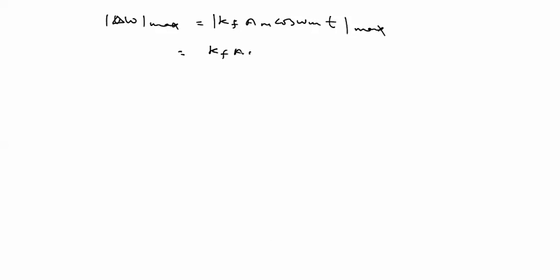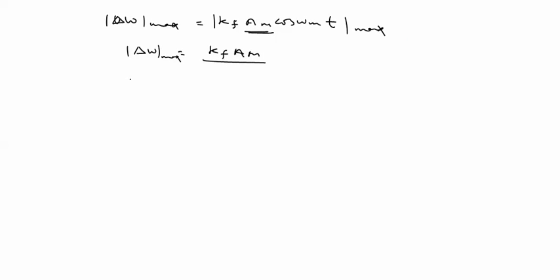By putting in the value kf am cos omega mt, the maximum value is kf am, because the maximum value of cos is 1. Maximum frequency deviation is kf am.